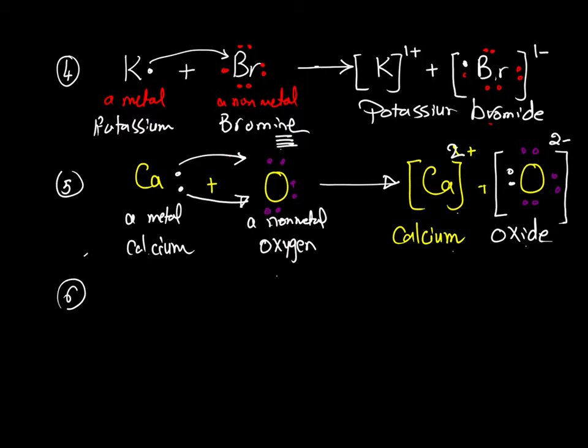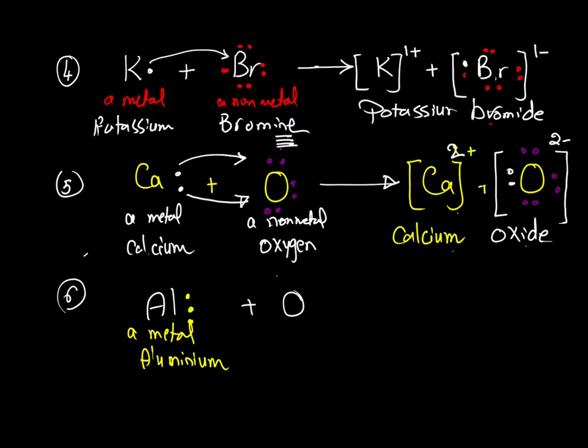Another example, aluminium oxide, Al with oxygen. If you look at Al, it's in group 3 and it has 3 electrons in the outer shell, a metal, and we call it aluminium.